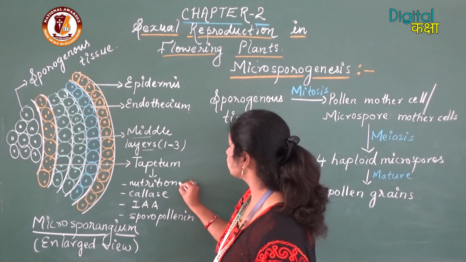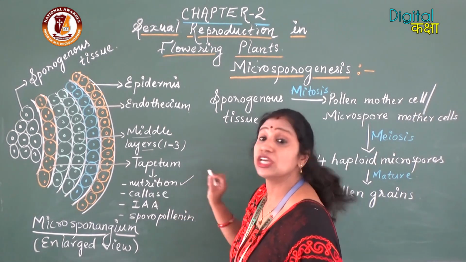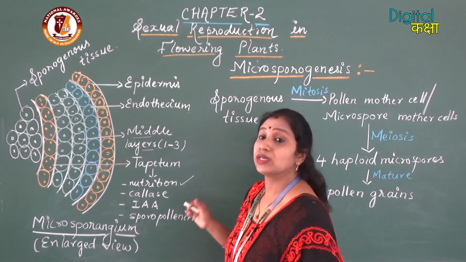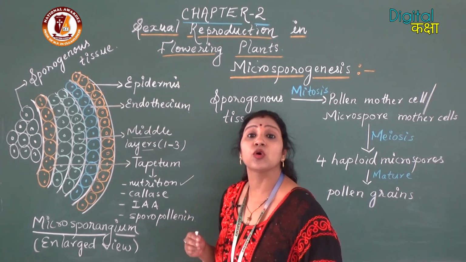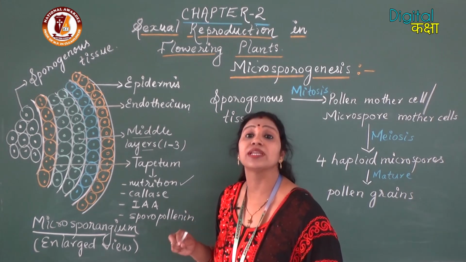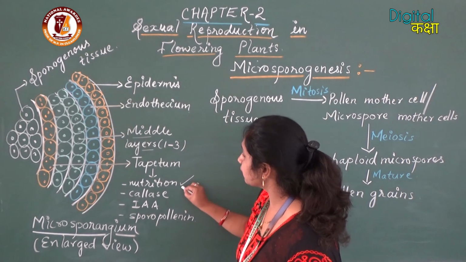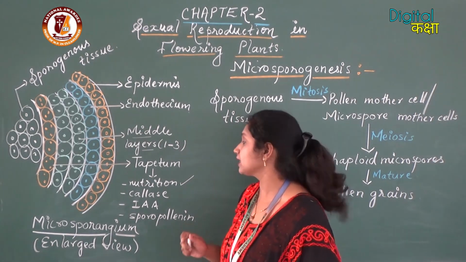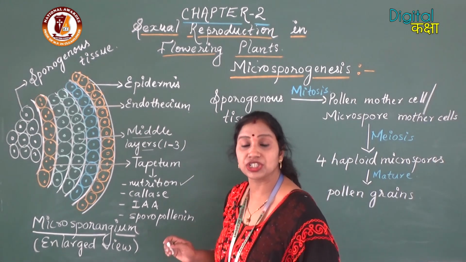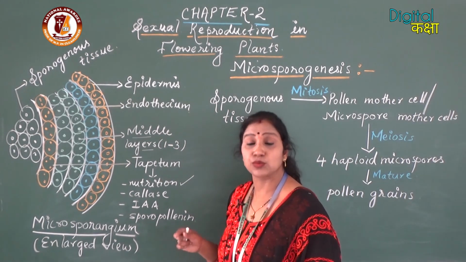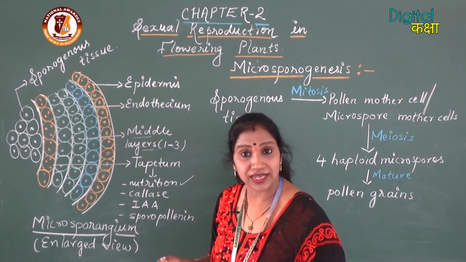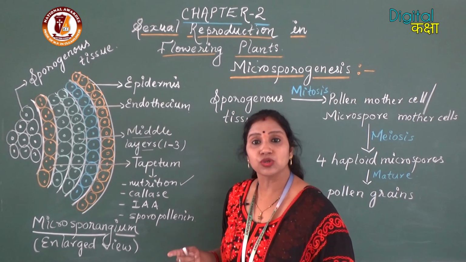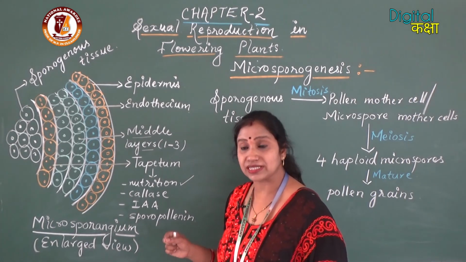The first and most important function is nutrition. It provides nutrition to the cells which are going to form the pollen grains, and it also provides nutrition to the developing pollen grains.